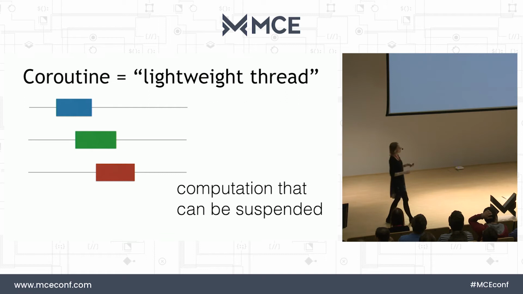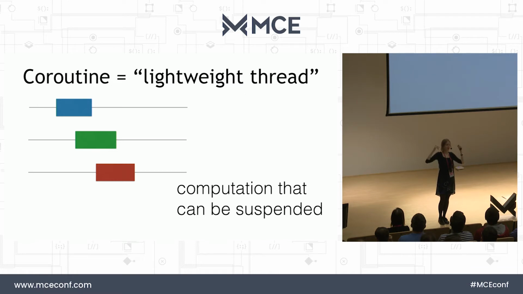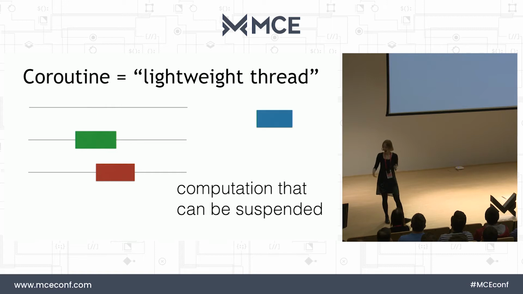So now we see this idea of coroutine, and that actually means a lightweight thread. For us, it's convenient to think about this as a computation that can be suspended. On our picture, it looks like this.